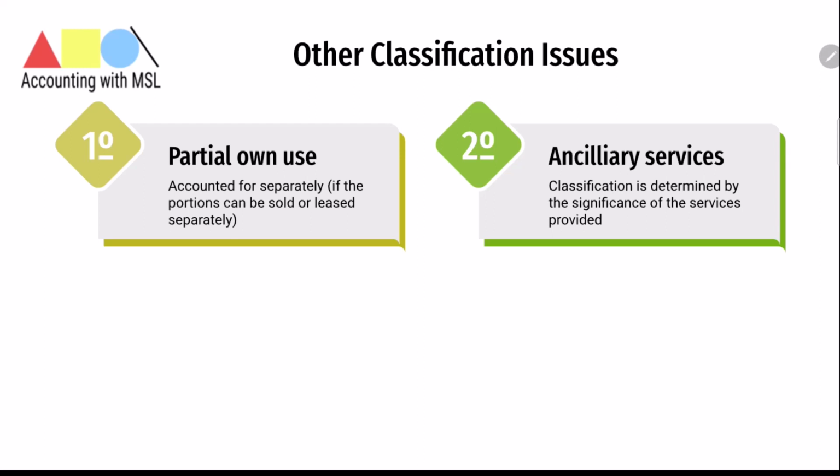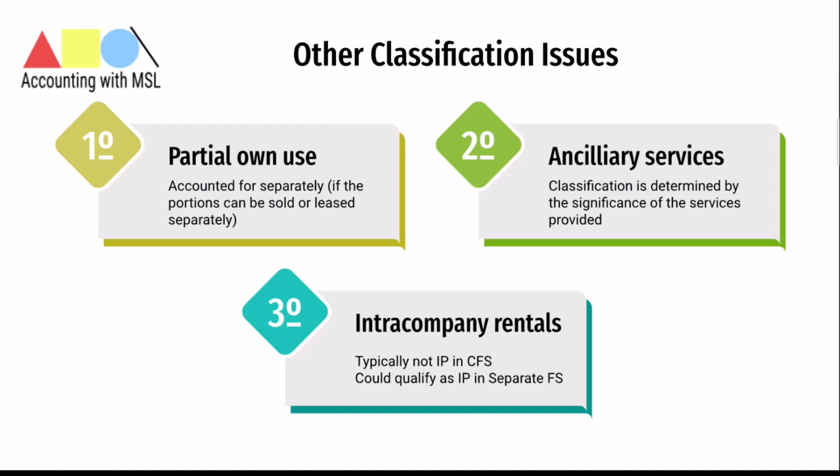The final classification issue will arise under intra-company rentals. So in this case, where there's property that is rented to a parent or a subsidiary or a fellow subsidiary, then we'll say this will not be investment property in the consolidated financial statements that include both the lessor and the lessee. It's only because the property is deemed to be owner-occupied from the perspective of the group.